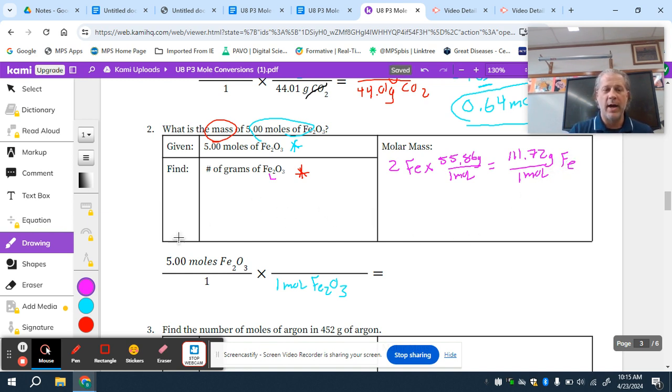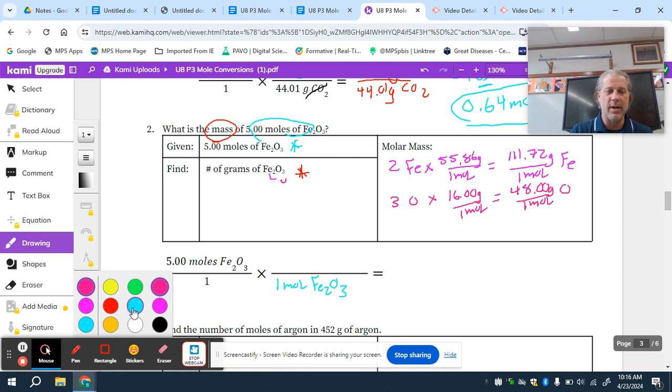And then we have to look at our oxygen, where there's a 3 back here. So I'm going to take 3 oxygens times the mass of oxygen. On the periodic table, the mass of oxygen is 16.00 grams in 1 mole. Multiplying that out, 3 times 16 is 48, so that's 48.00 grams in 1 mole of oxygen.